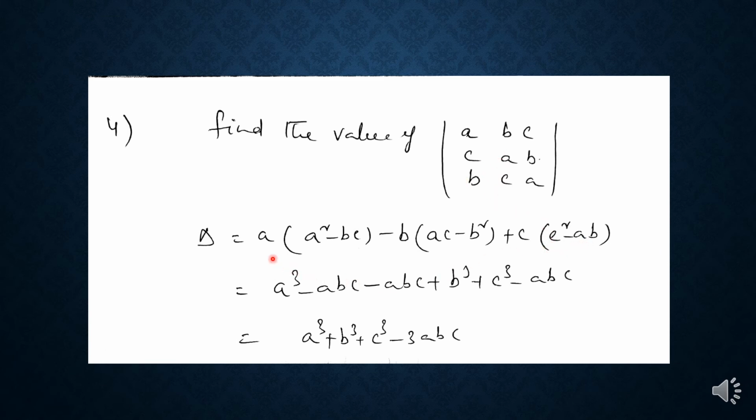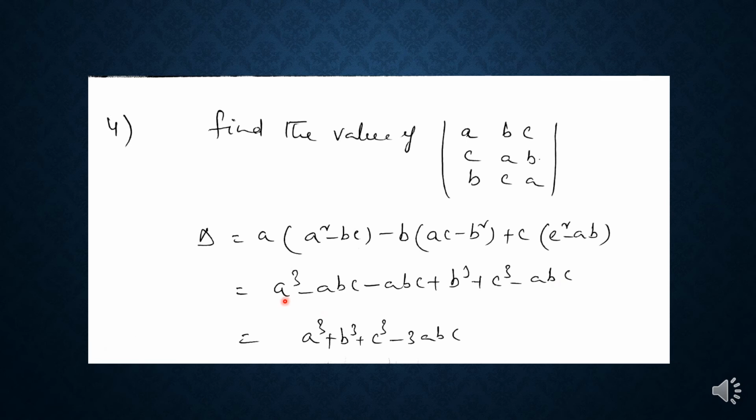Now simplifying this: A into A square, A cube, minus A into BC, ABC, minus B into AC, it is minus ABC, minus B into minus B square, that is plus B cube, plus C into C square, that is C cube, minus AB into C, minus ABC.